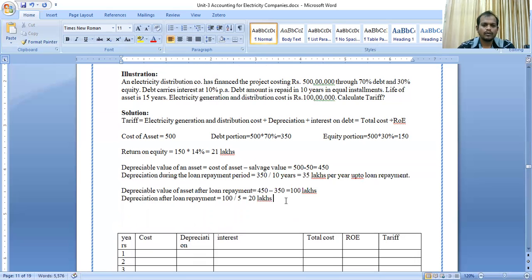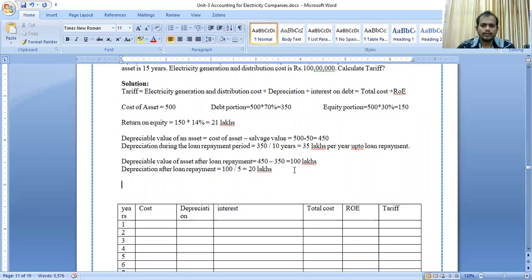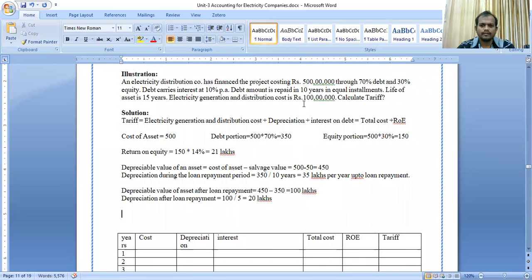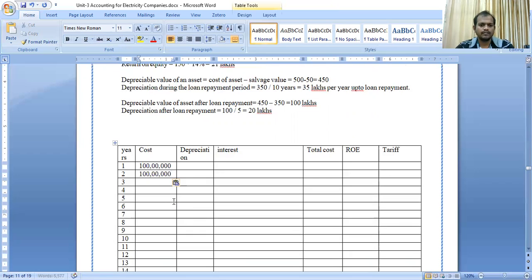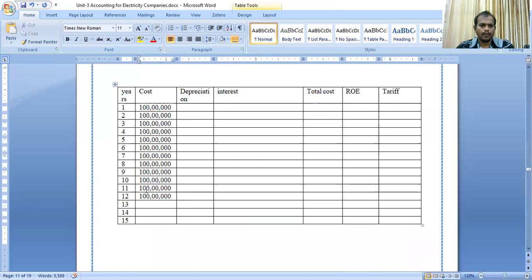So we'll maintain a table to calculate the tariff. So cost of electricity generation is 100 lakhs every year. Okay.